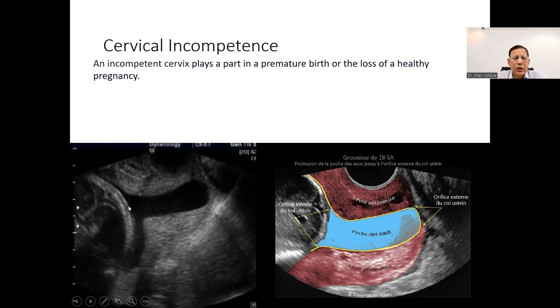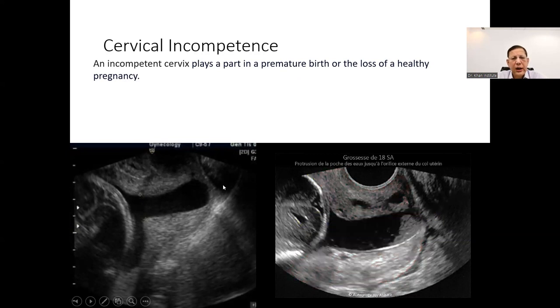And once the internal os is open, then within a couple of weeks, this whole cervical canal will open, and then the baby will be aborted or expelled out.